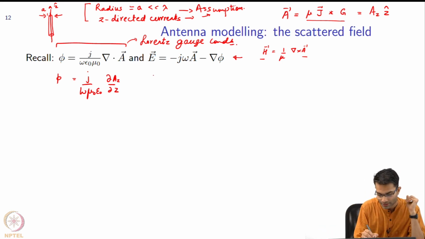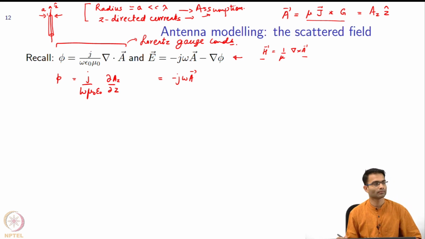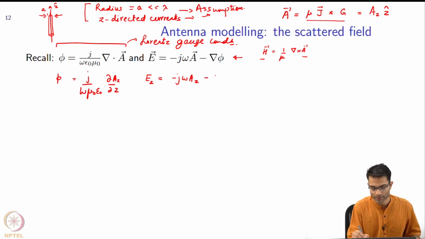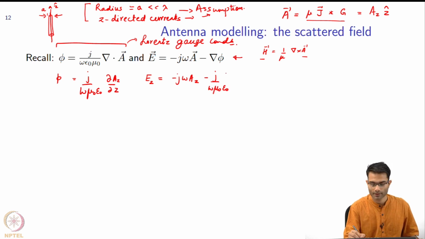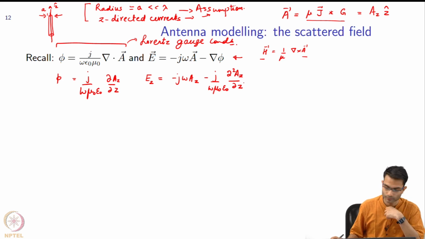So, how does this E get modified now, or simplified rather? This will become minus j omega A, and this grad phi will become... grad phi is not a constant. So, I will replace, so Ez will become Az minus j omega mu naught epsilon naught, right, second derivative of Az with respect to z.